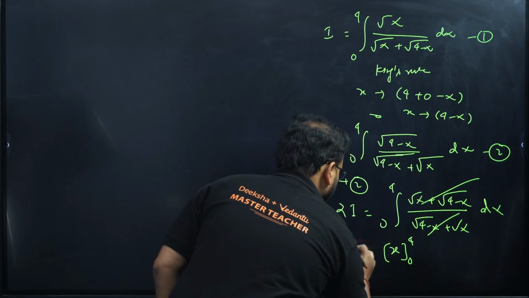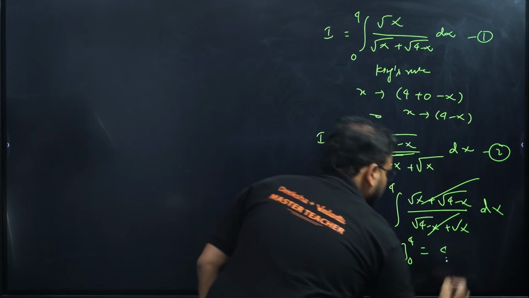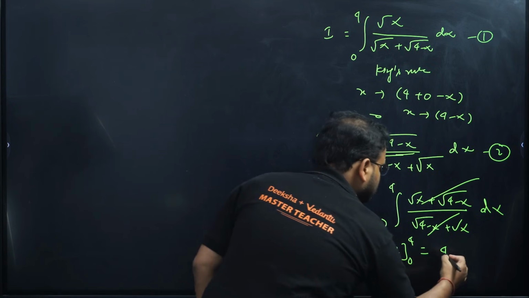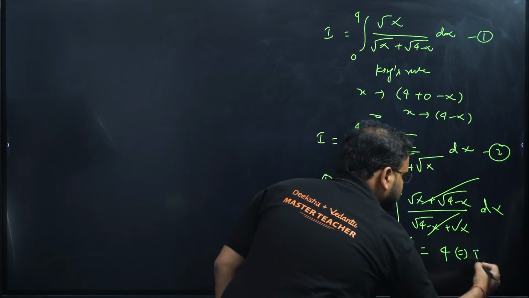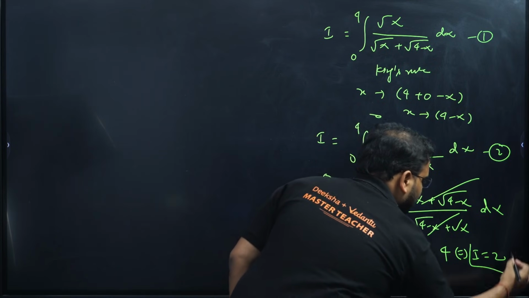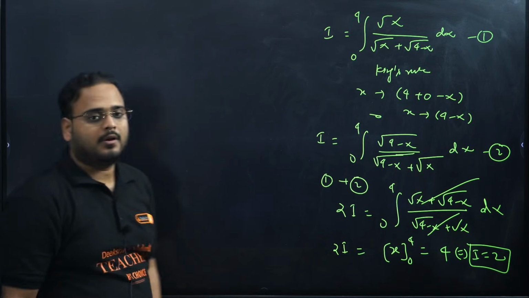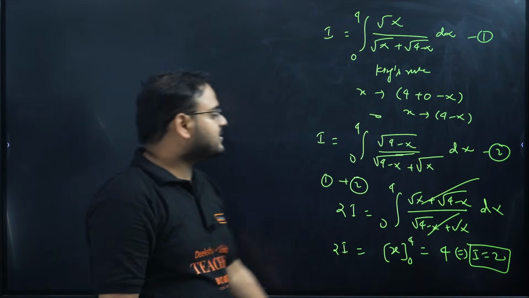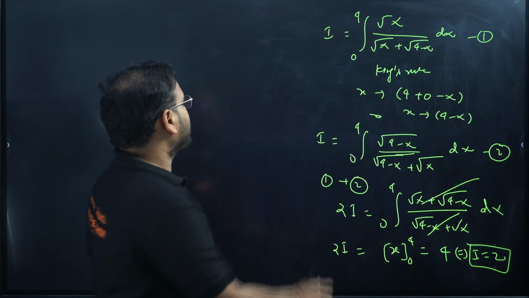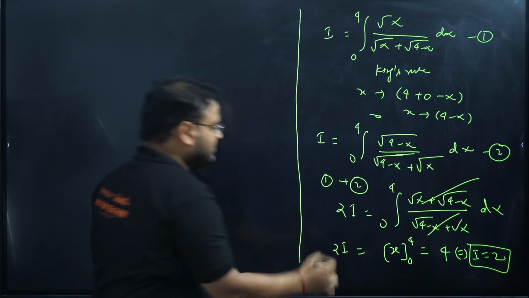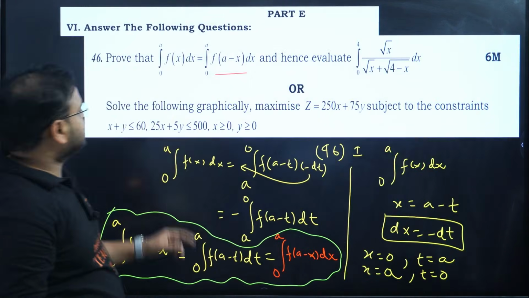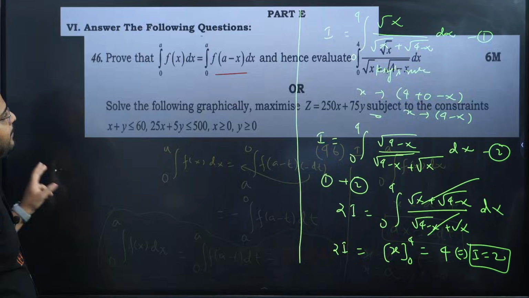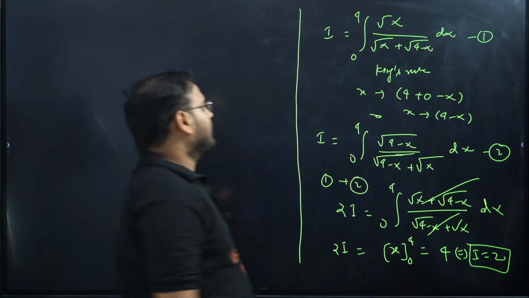This is 2I, and it will become simply 4. So 2I is 4, which means the value of I is 2. 4 minus 0 is 4. Value of I is 2. First part of the 46th one is done. This 46th one, both parts are over. Next is the OR part.